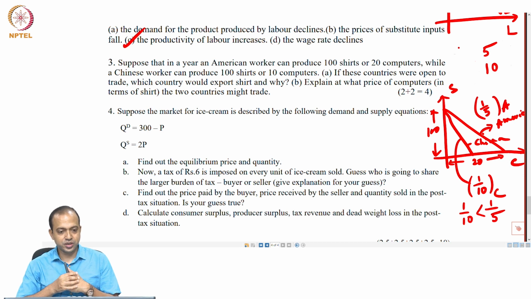Now, the question is, explain at what price of computers in terms of cert the two countries might trade. So, what should be the price?